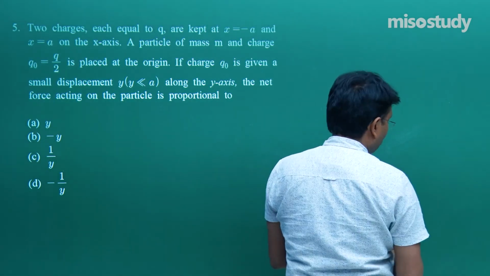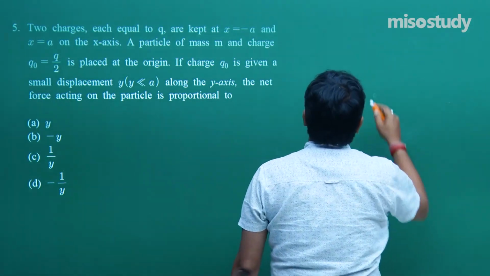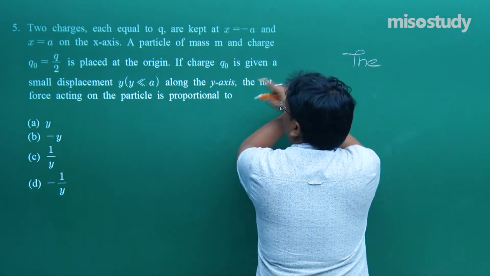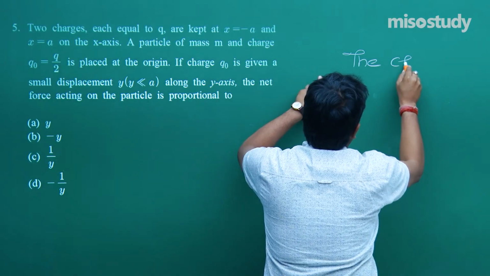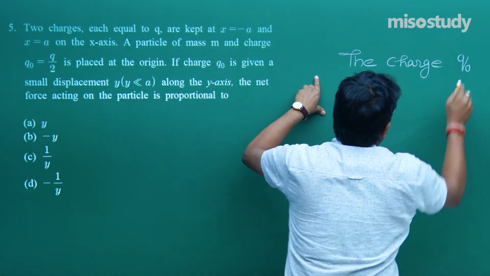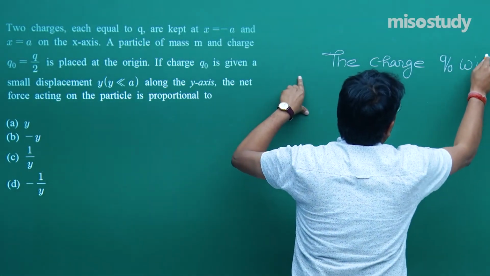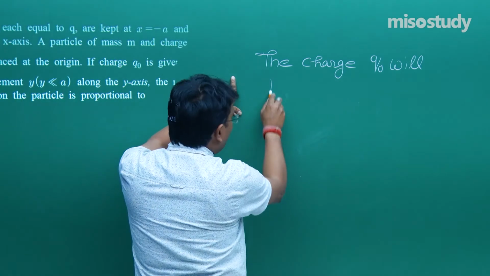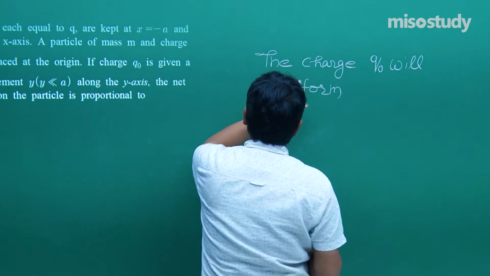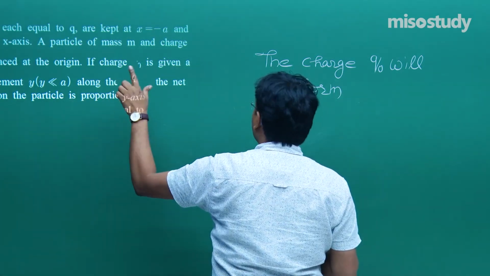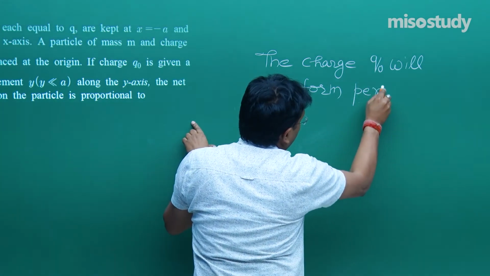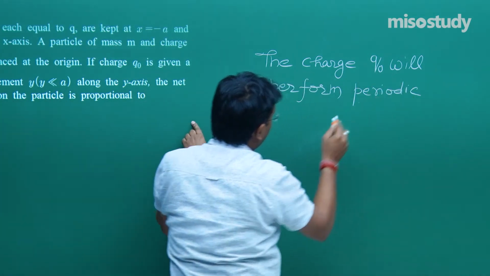One line that I would like to mention: the charge Q0 will perform, and this is something which is not asked, but I am explaining it just to enhance your understanding and knowledge, this charge Q0 will perform periodic motion. Periodic motion.